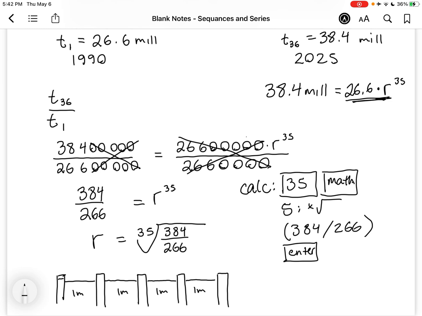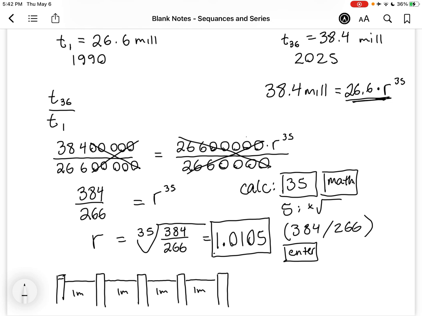And what I get is 1.0105. Okay, now what does that tell us?